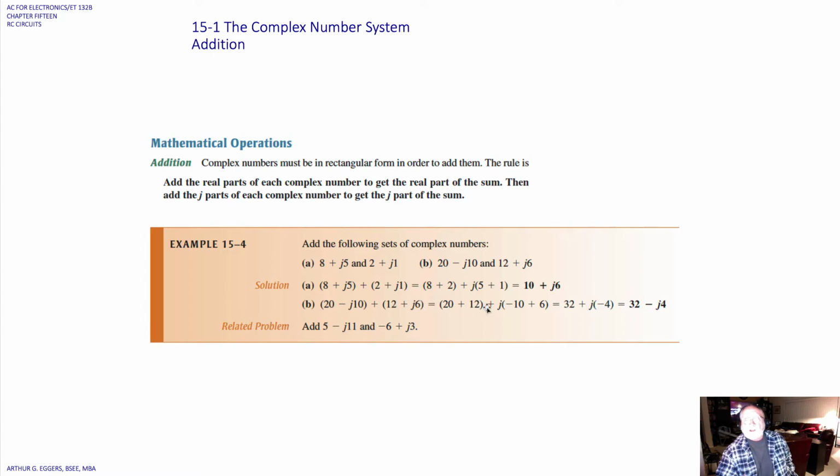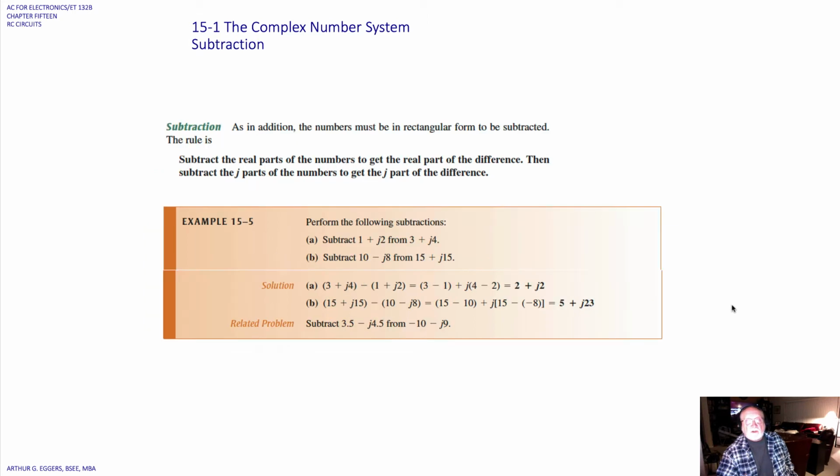So 20 plus 12 gives us 32, and minus j10 plus j6 gives us minus j4. So 32 minus j4 becomes our answer when we add the complex numbers together.